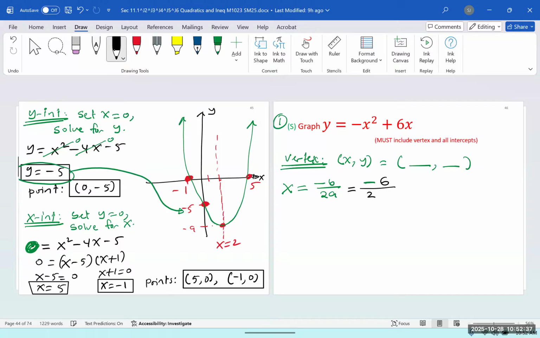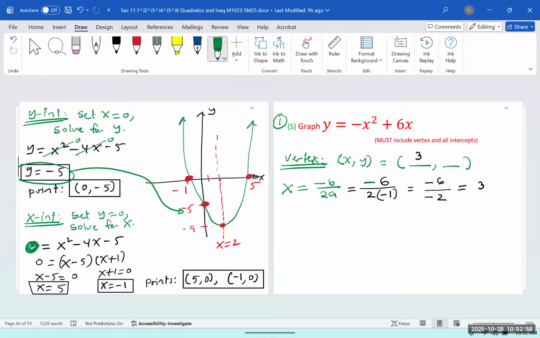And what is our a? Negative 1. So negative 6 divided by negative 2, which is 3. So the x value is 3.